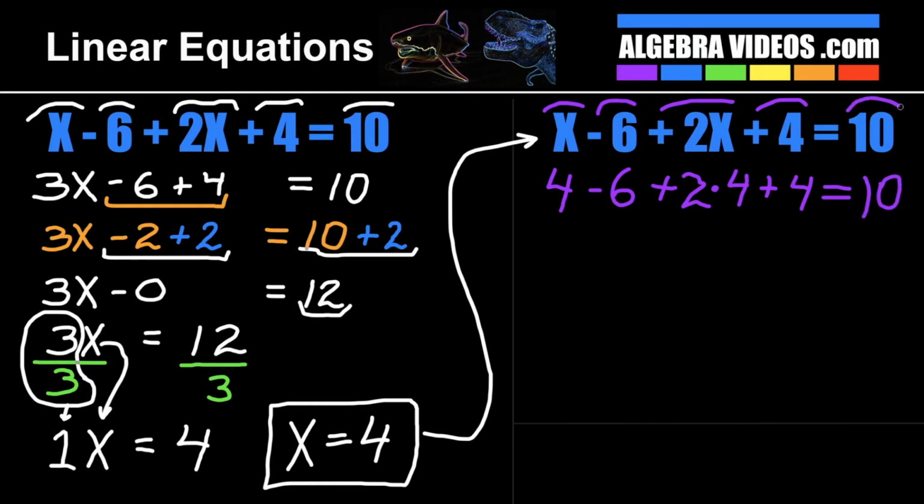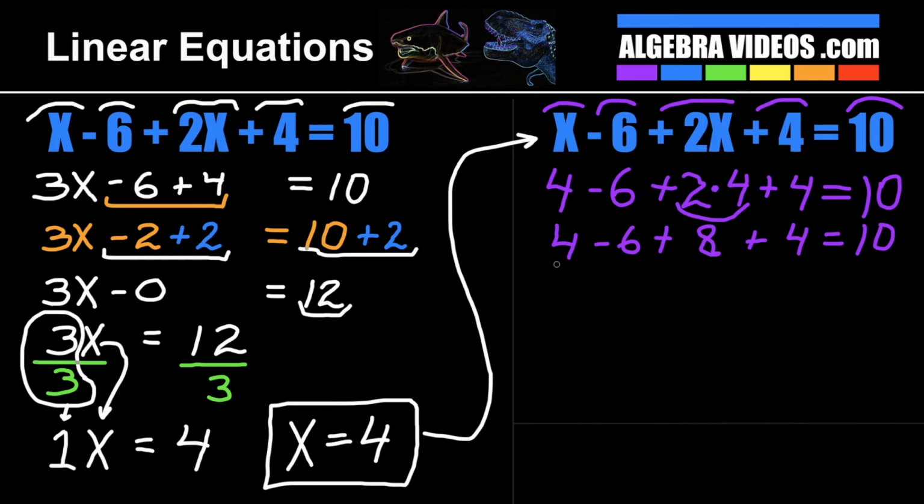That's that 10 right there. So all we have to do now is simplify this a little bit. Let's do that. I'm just going to rewrite these same numbers here. 4 minus 6 plus, and then I'm going to simplify this. 2 times 4. That's 8, right? 2 times 4 is 8 plus 4 equals 10.